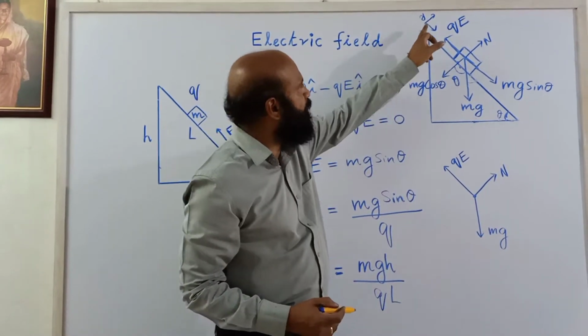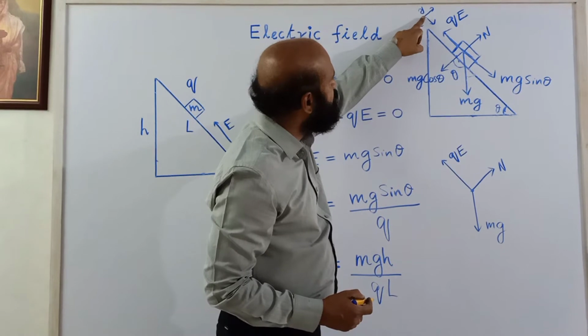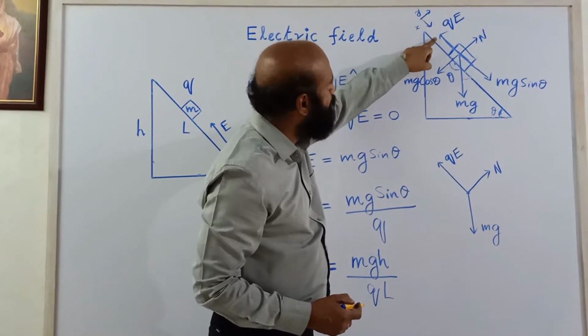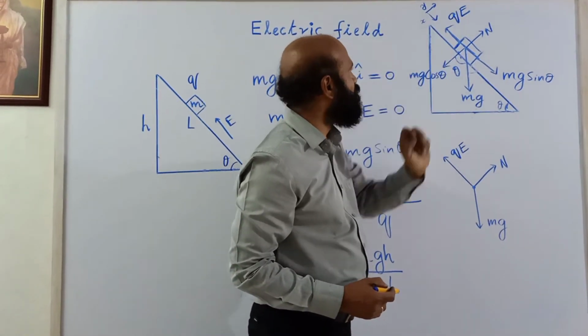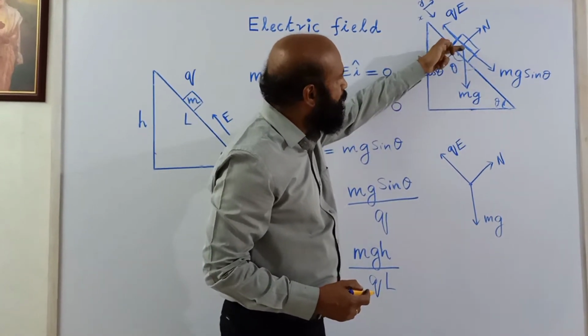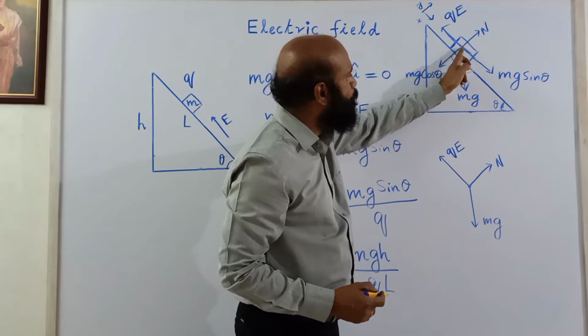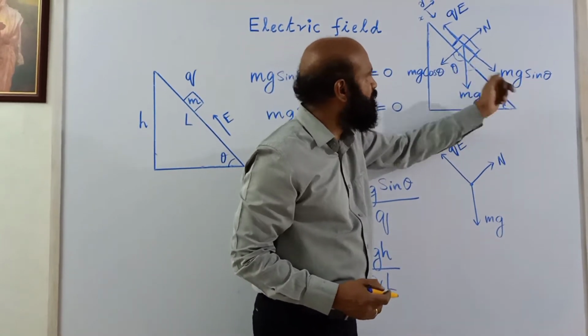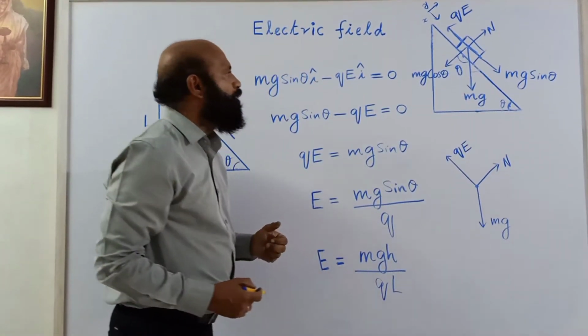Then for convenience, you take x-axis along the inclined plane and this is the y-axis. Then mg is split into two components, mg sin theta and mg cos theta.